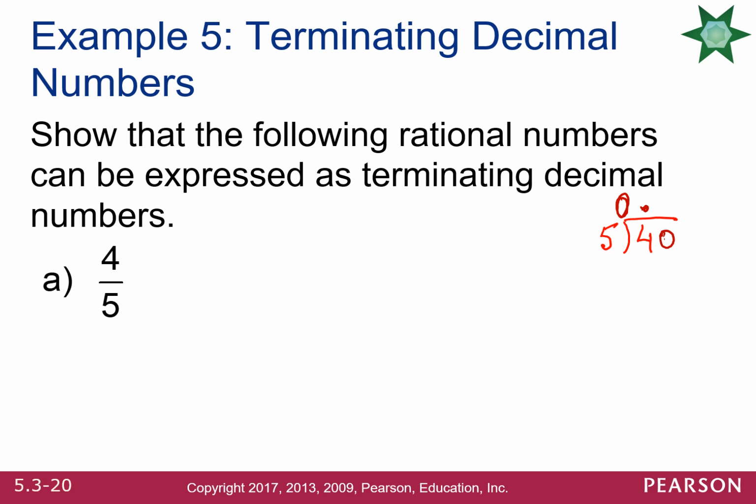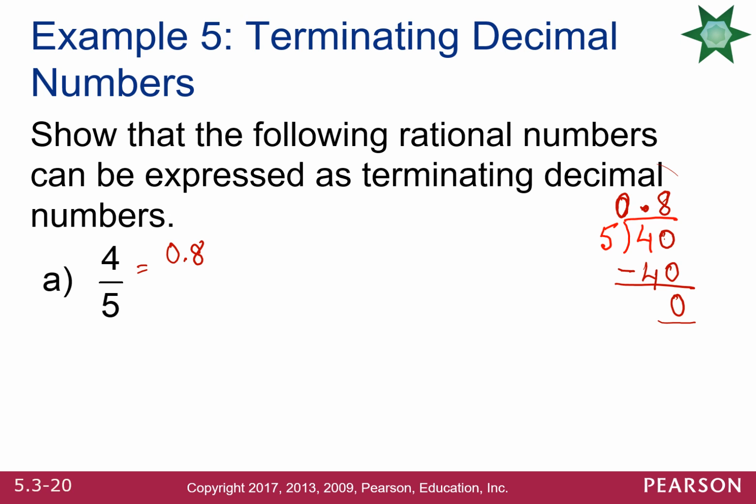5 goes into 40 8 times. So I write the 40 below, subtract, and we end up with the remainder of 0. So now this decimal 0.8 is a terminating decimal number because we ended up with a 0 for the remainder. So 4/5 can be written as 0.8. All right.